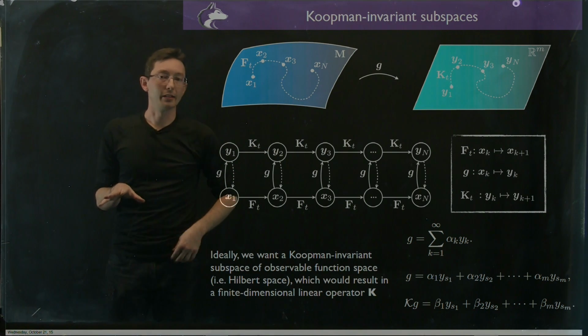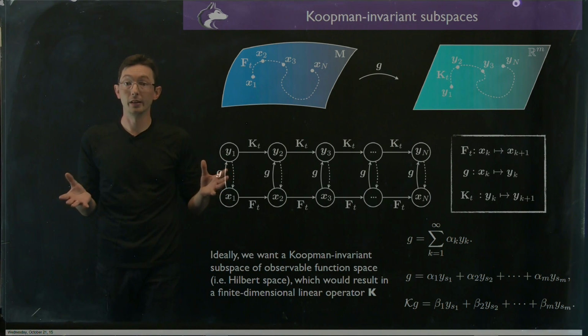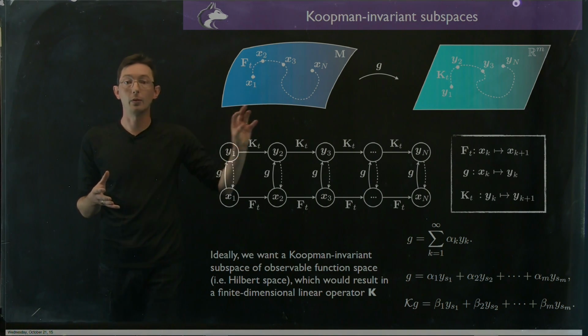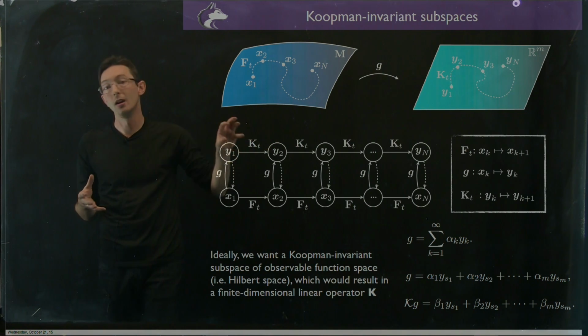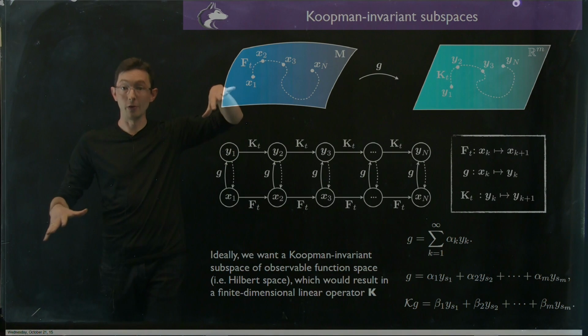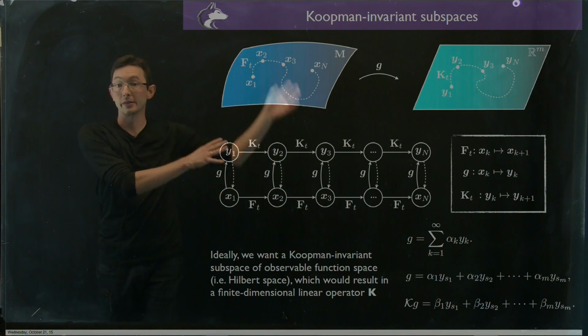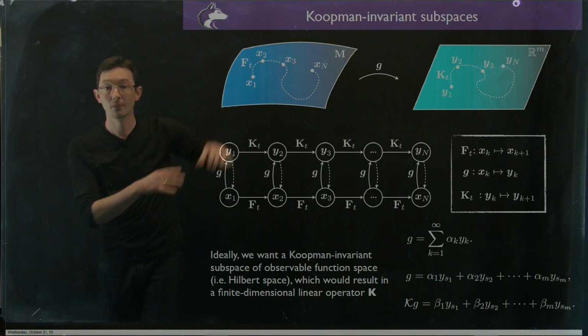Now the drawback to this is that you can't always easily find these Koopman eigenobservables. So it's not always clear from the dynamical system how to find the eigenobservables of this operator and how to define these Koopman invariant subspaces where I can get finite dimensional linear models for my dynamical system.